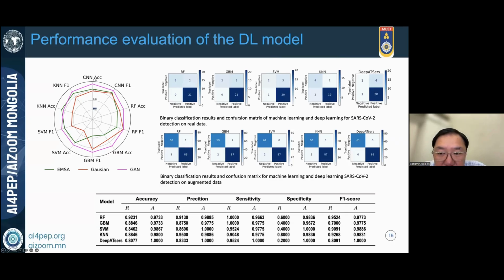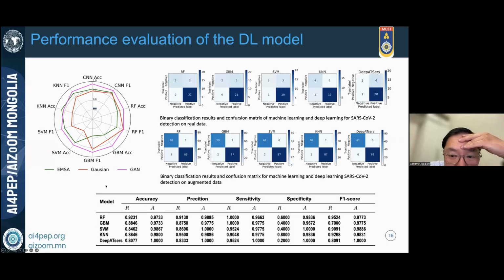This superior performance can be attributed to the RF model's ability to focus on the high intensity Raman peaks. In contrast, the deep learning model exhibited relatively lower performance, with accuracy 0.8 and specificity 0.2.